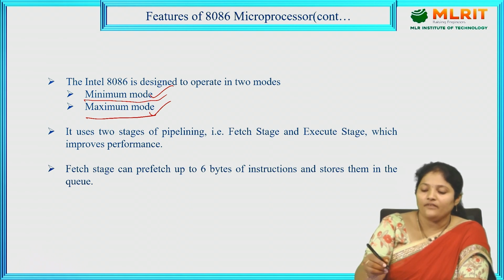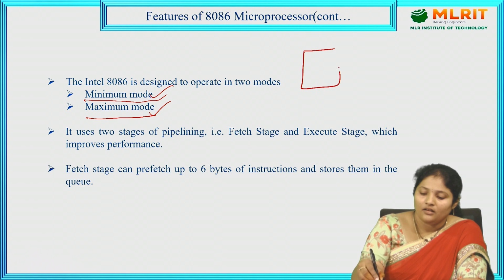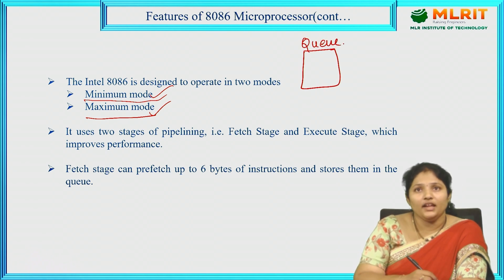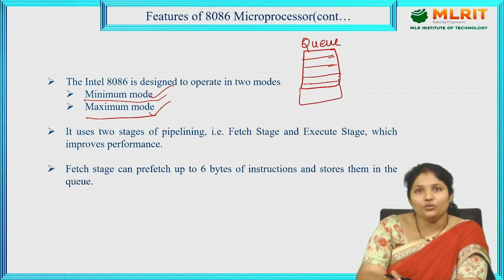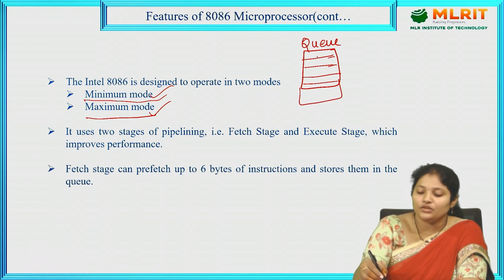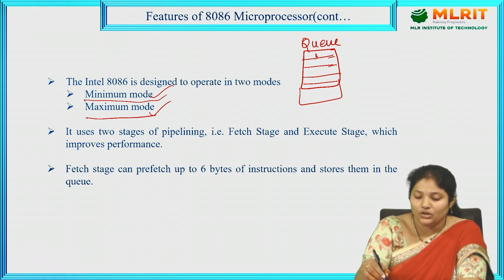Here we are having one important block in the 8086 microprocessor, which is the queue. The queue is the block which is used to fetch the instruction and store it.